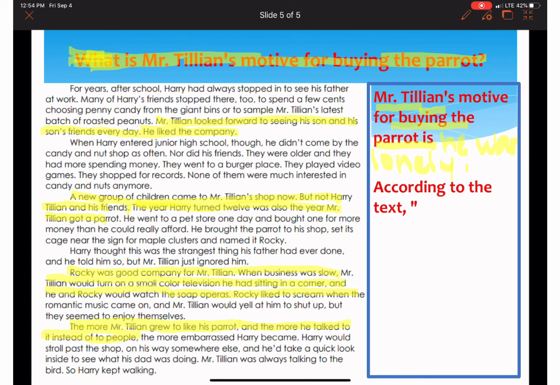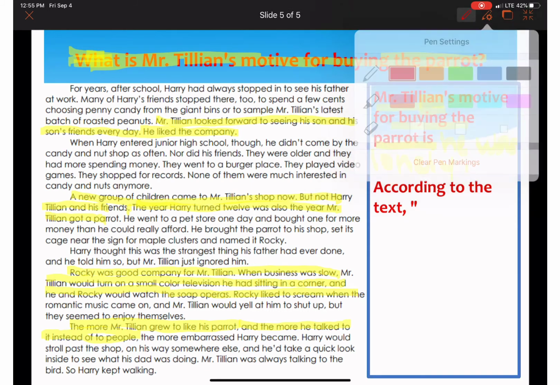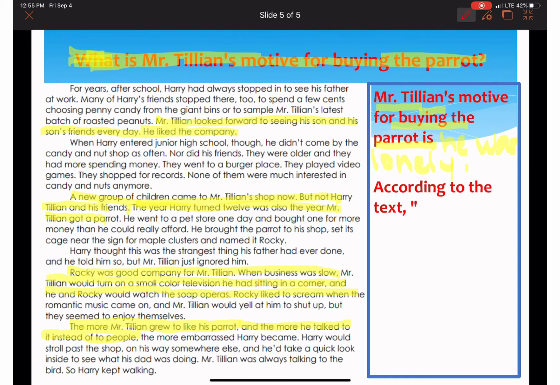So he was lonely. I know this because I'm going to write the evidence down for you right now. Let me change my pen. I know this because in the text it said, he looked forward to seeing his son and their friends because he liked the company.